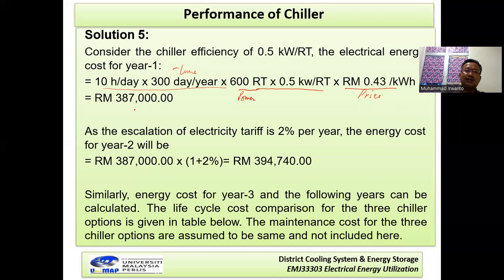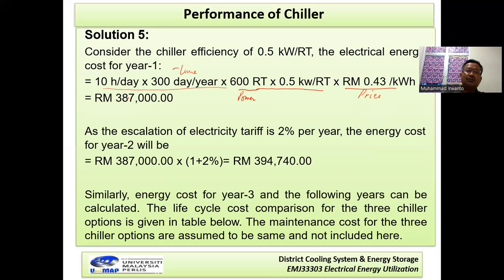So we can write in here 10 hours per day, 300 days per year, and then the power capacity of the chiller, or chiller load, 600 RT, multiplied by its efficiency 0.5 kilowatt per RT. This RT cancels, we obtain power, and then price.